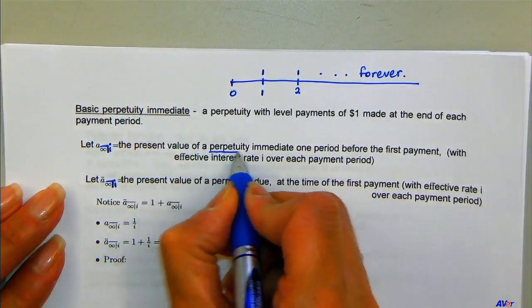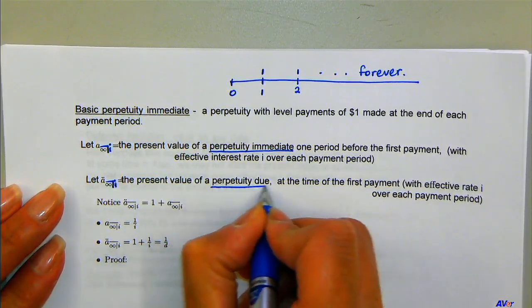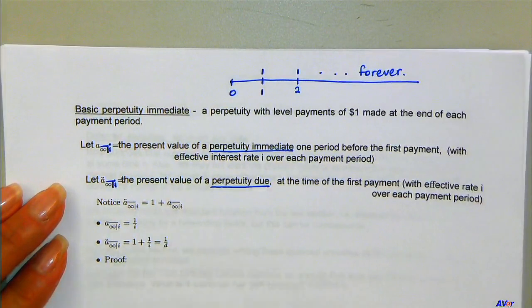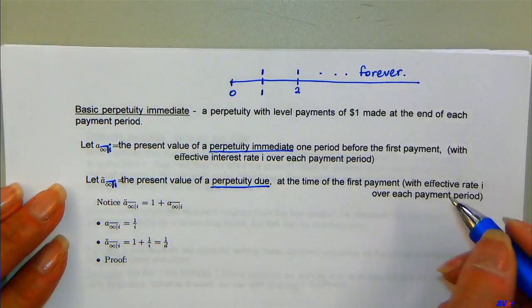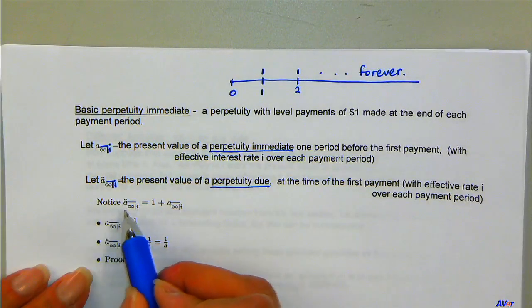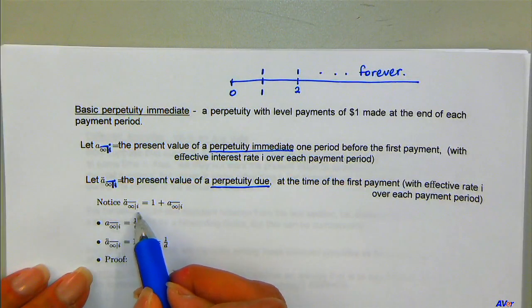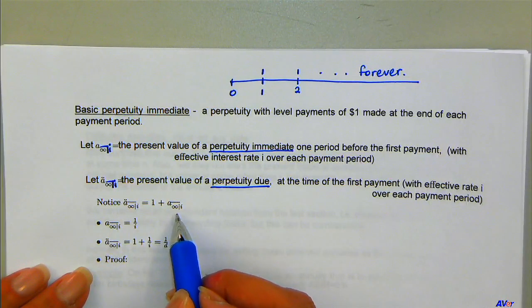So it's just like our regular annuity immediate and annuity due. The double dot represents due, the no double dot represents immediate. So look at this formula right here. Notice that ä angle infinity i equals 1 plus a angle infinity i.